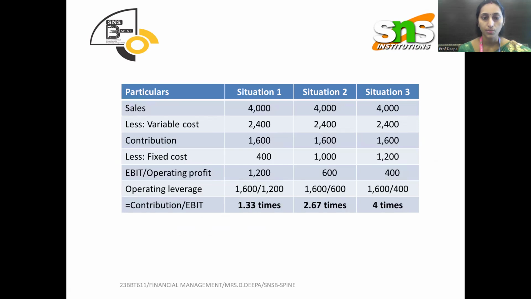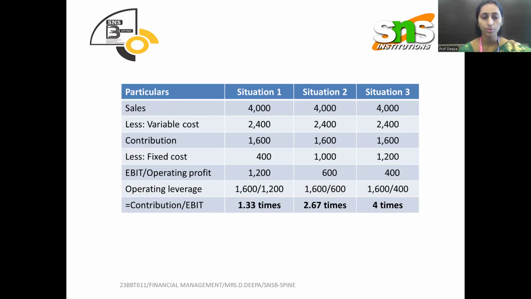So, this is the solution. Before getting into the problem directly, let me explain the structure of the calculation of EBIT, that is earnings, profit. As per the format, we start with sales. From sales, we reduce variable cost, which gives us contribution.